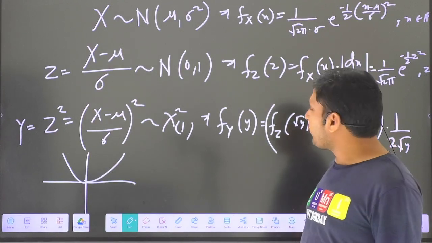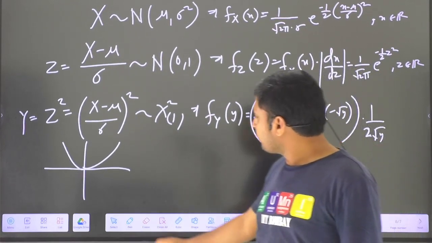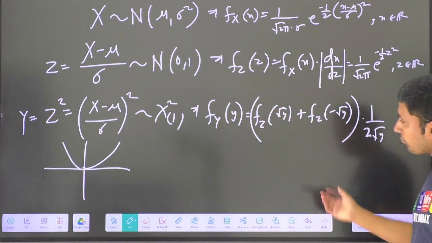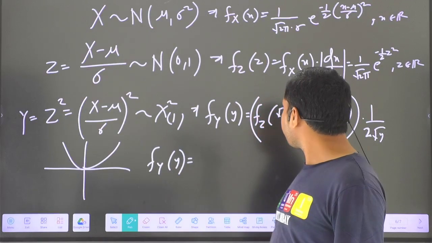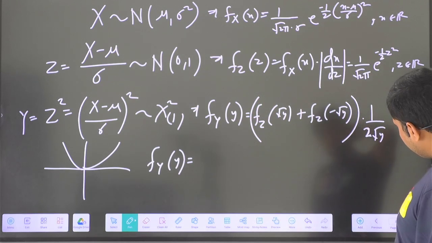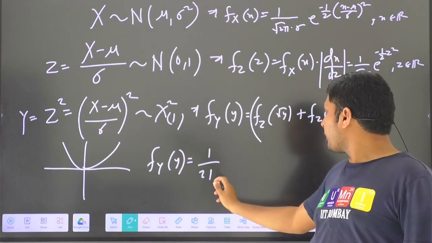So after simplifying, if you simplify it, you tell me what will be the PDF. So 1 by 2 root y is already there.